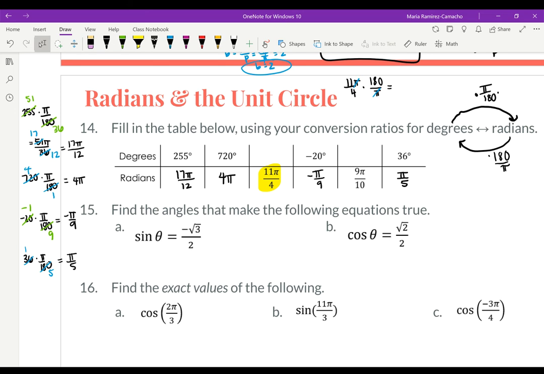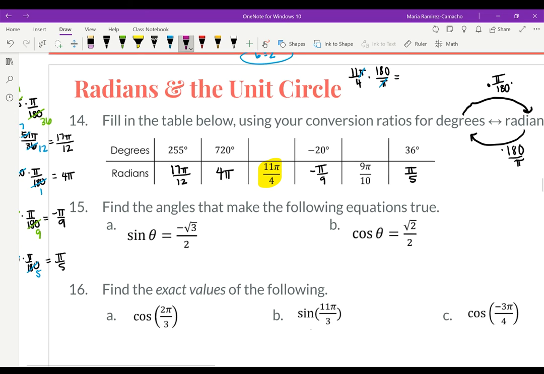The 4 and the 180 could be reduced. 4 goes into 4 once, and 4 goes into 180 45 times. So this is now 11 times 45, which is 495 degrees.